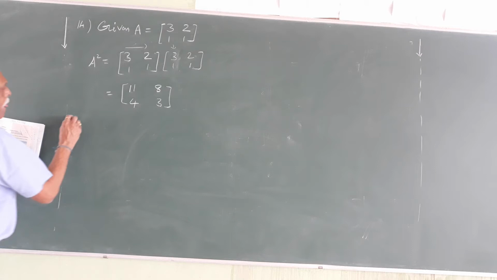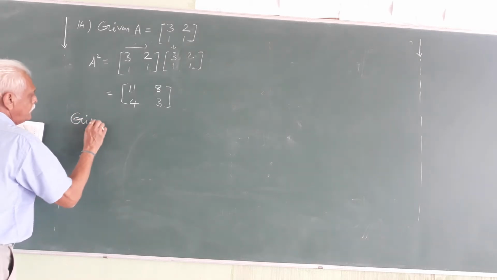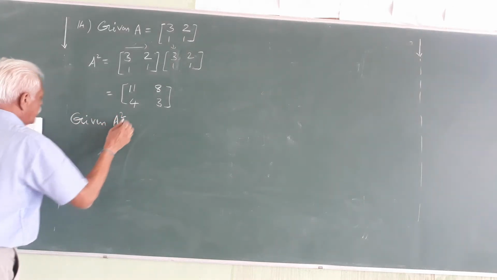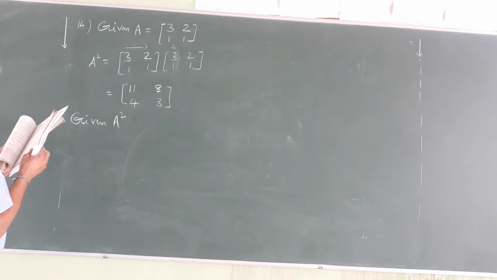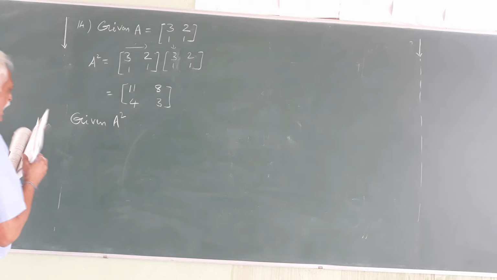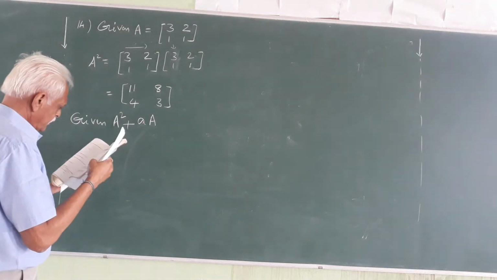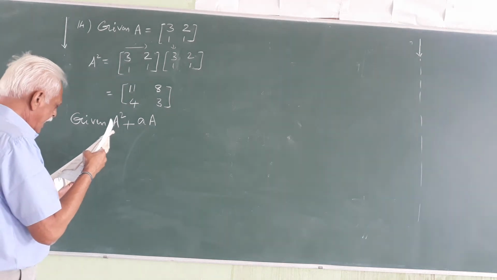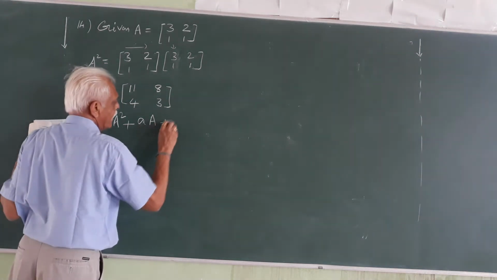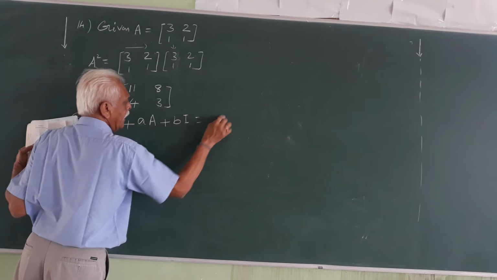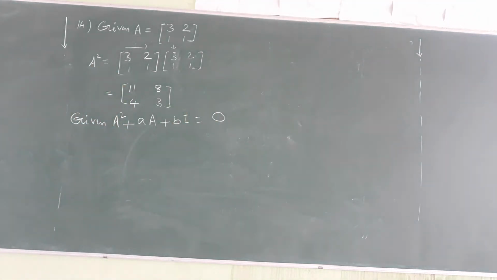Now given A square plus aA plus bI is equal to O, means null matrix.